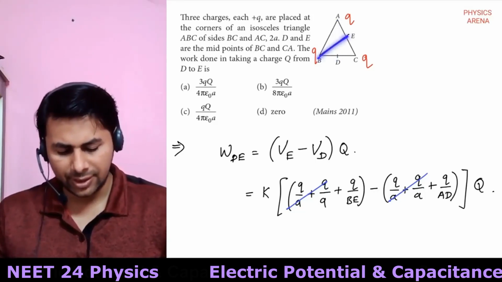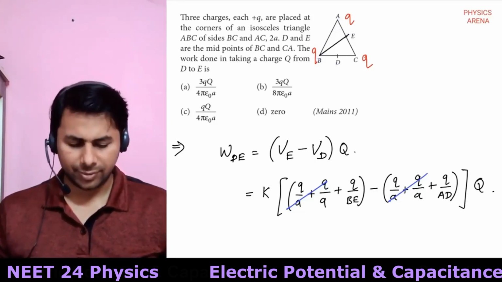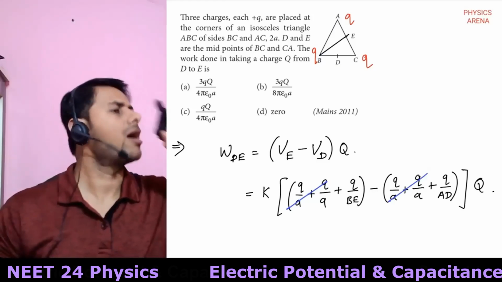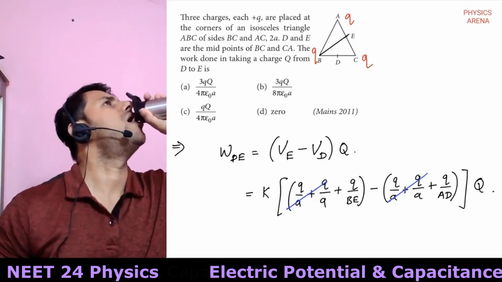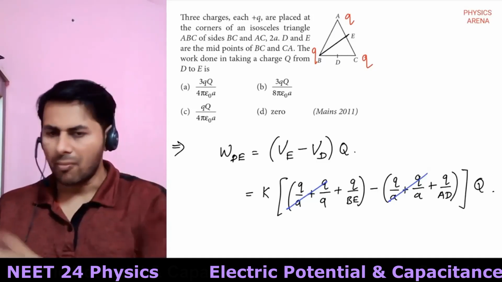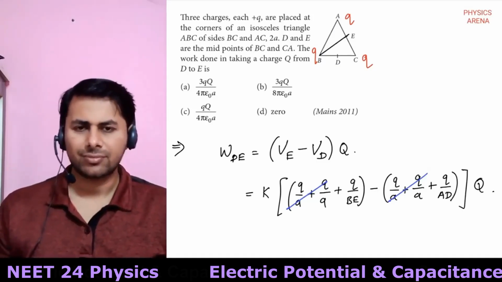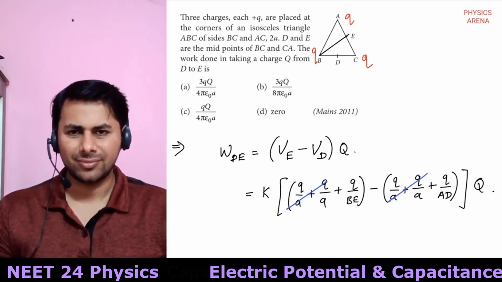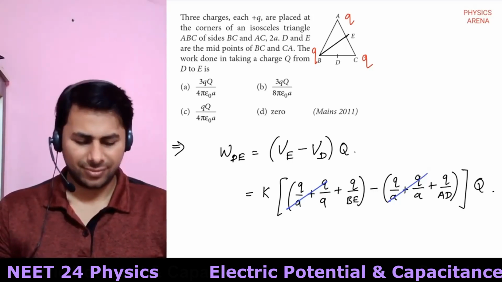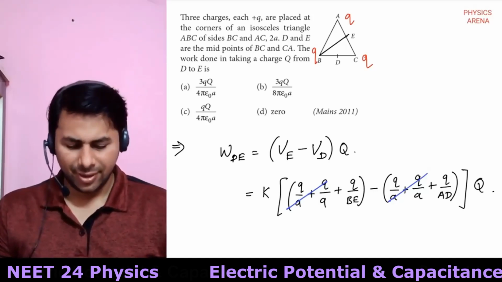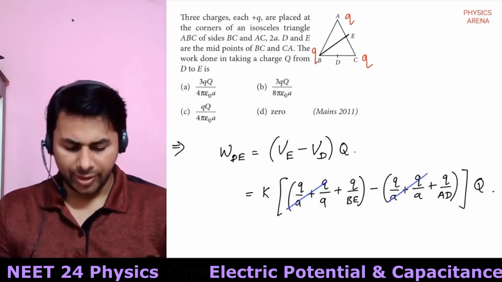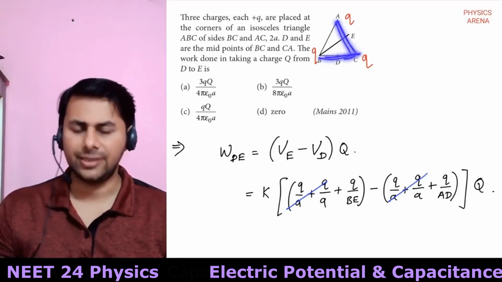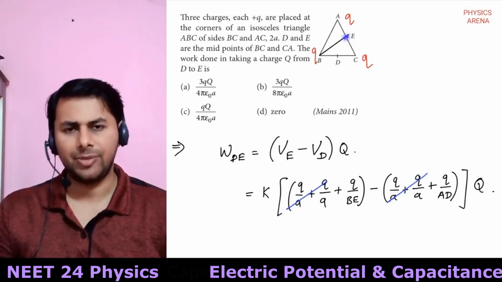So is this distance and this distance equal? What can you say? Yes, they are equal, right? Because this is an isosceles triangle. This side and this side are the same. This is the midpoint.